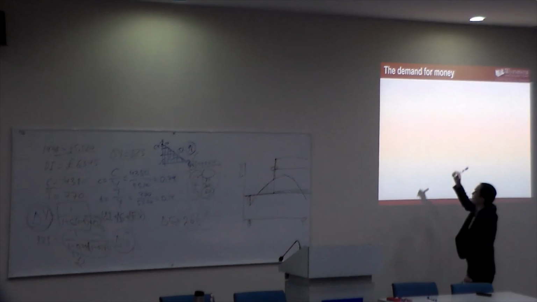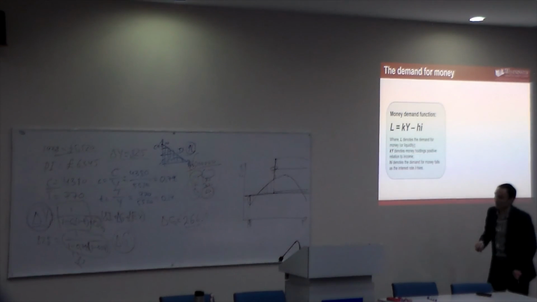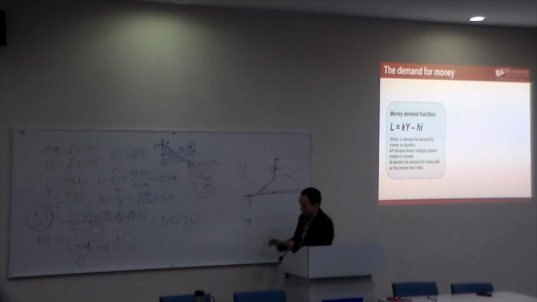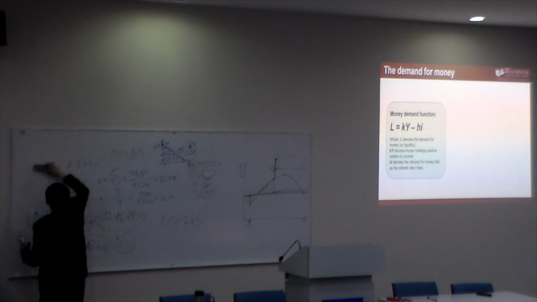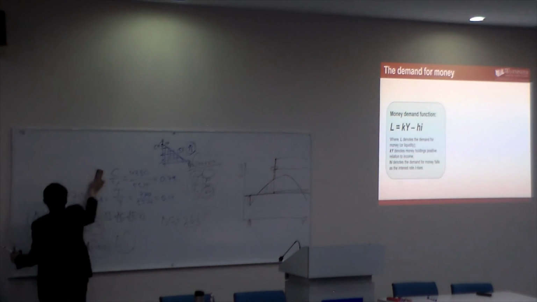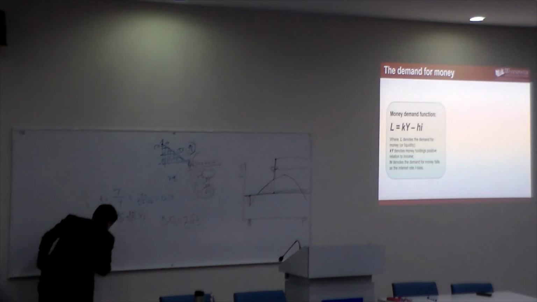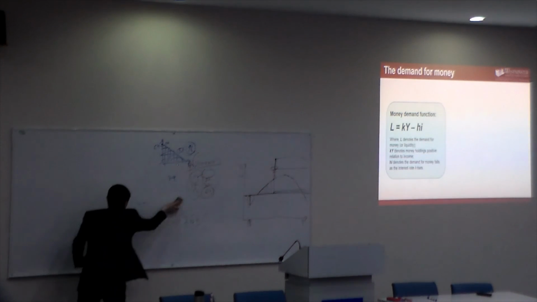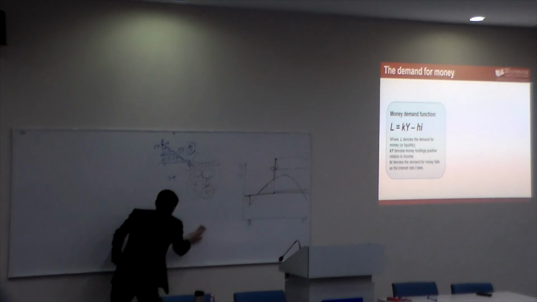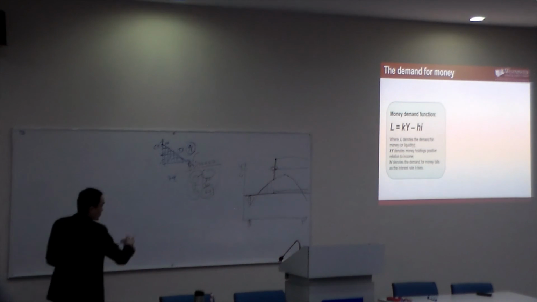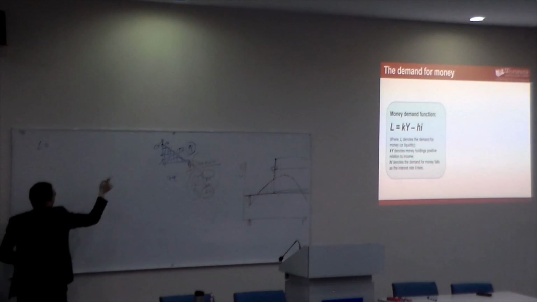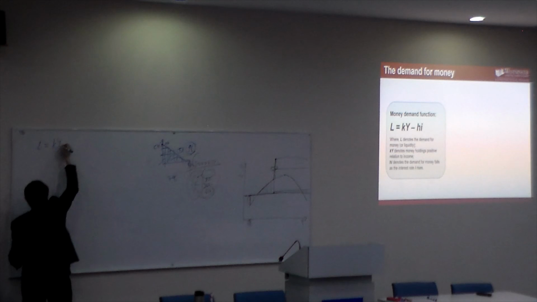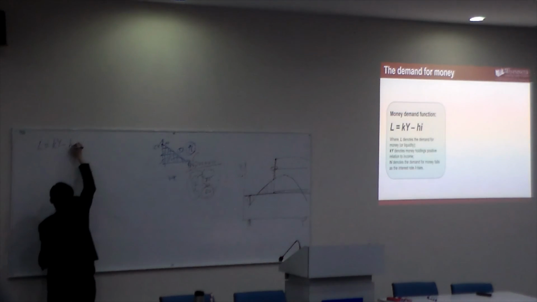And what about the demand for money? The function itself. Let me write it down because you will use it over and over again. So demand for money depends on income and interest rate.